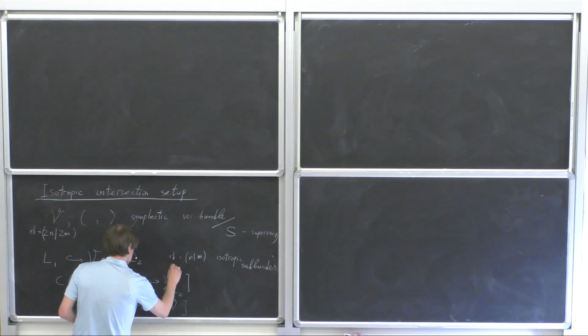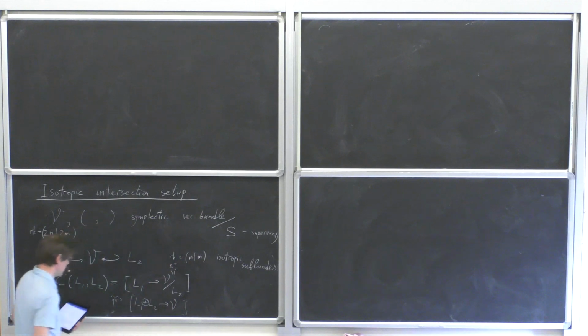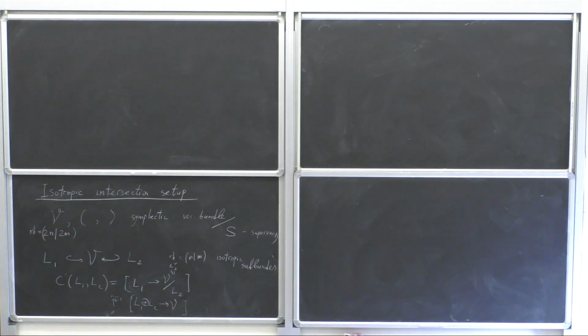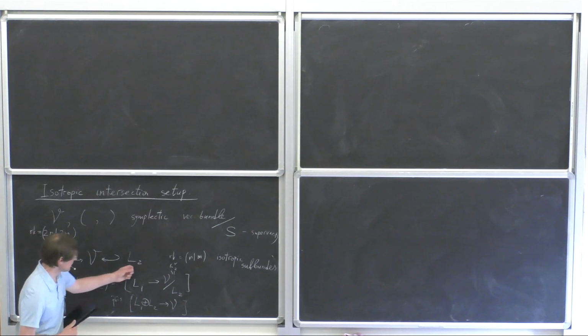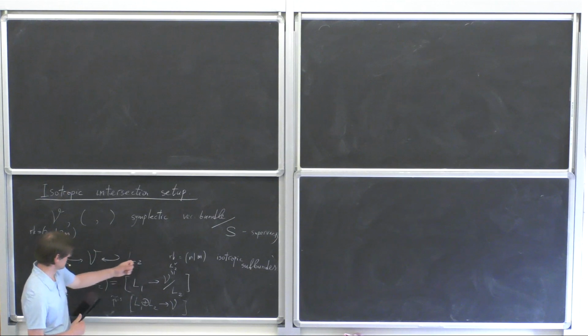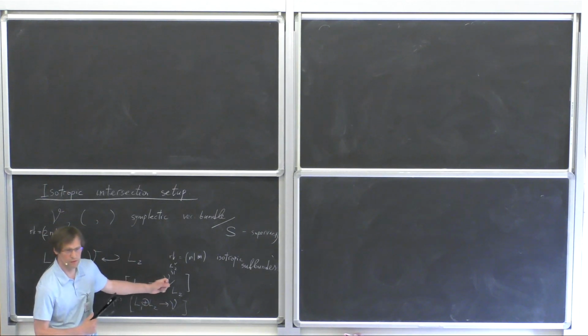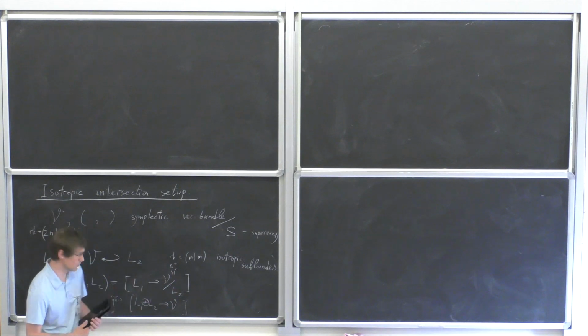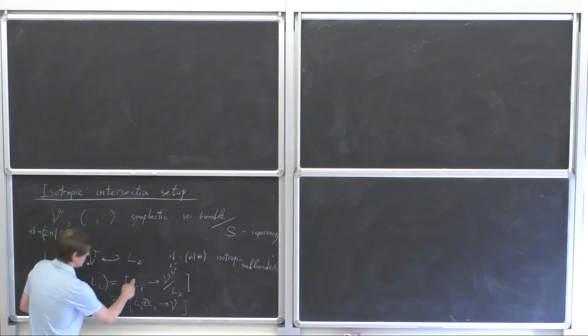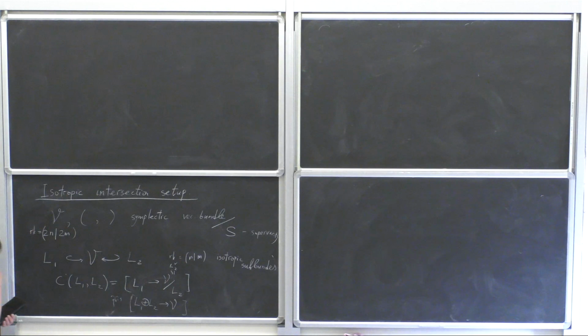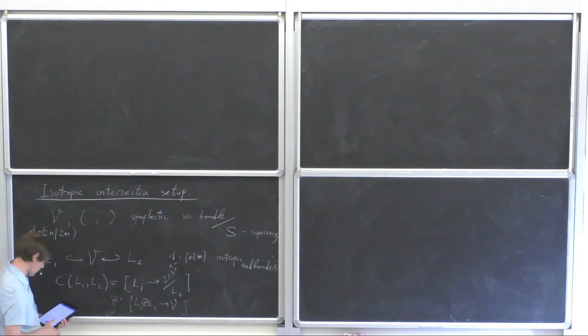So this is for any isotropic subbundle: the symplectic form on V induces an identification of V mod L2 with the dual of L2. If we view it this way, then we see that it's actually self-dual up to quasi-isomorphism.